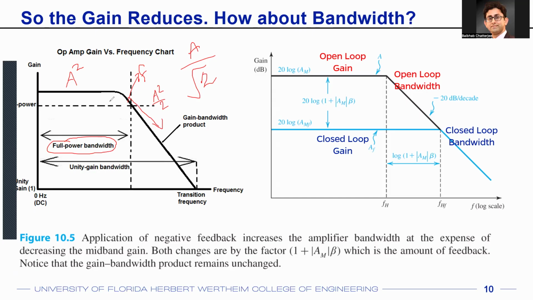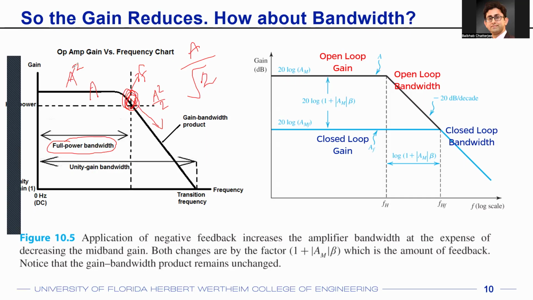What does that mean? That at the point where you have the bandwidth, if your voltage gain is equal to A, so let me just remove the A squared terms because they were representing power, and if your bandwidth is F, then the gain bandwidth product is just called A times F. So A times F is your gain bandwidth product.